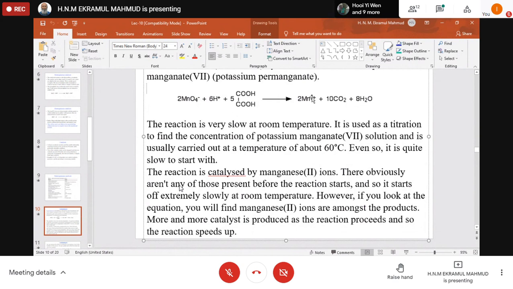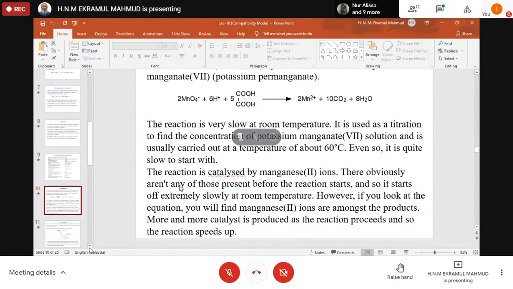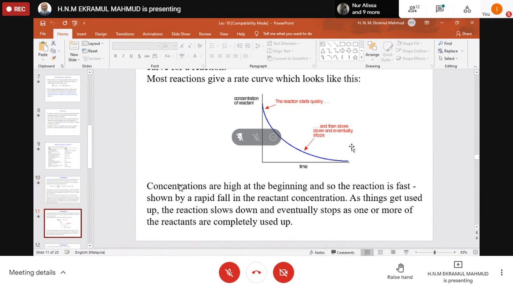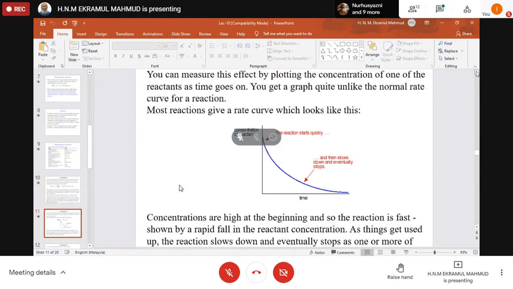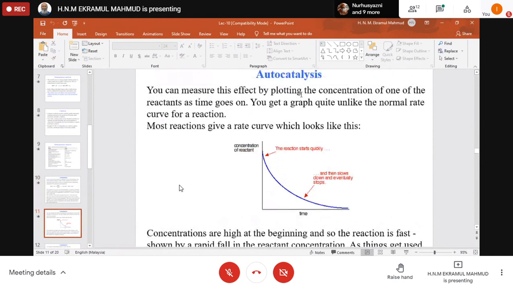The higher the amount being produced, the more the reaction is accelerated, which means it's acting as a catalyst. Okay, so you can measure this effect by plotting the concentration of one of the reactants as time goes on, because with the passing of time, the concentration of the reactant is falling, right?